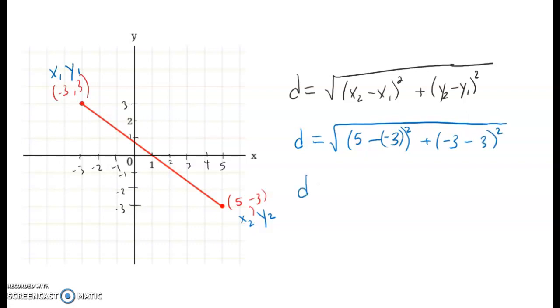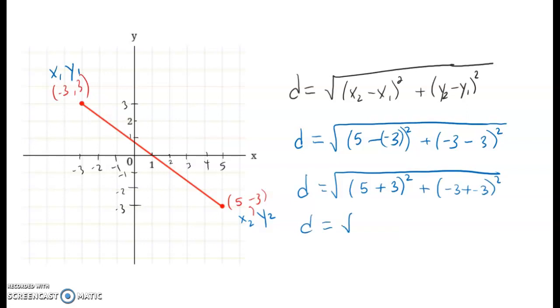So I'm going to do this calculation, and 5 minus a -3 is going to be 5 plus 3. When you subtract a negative number, it becomes plus. And here I have -3 minus 3, which is the same as -3 plus a -3, which would end up being -6.